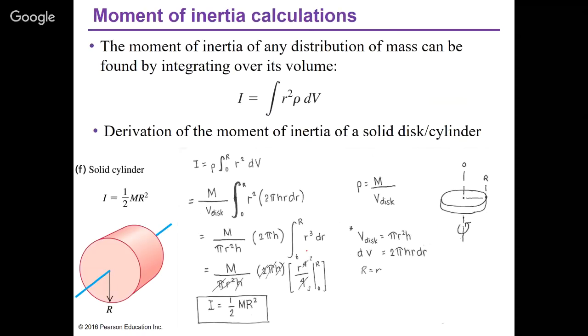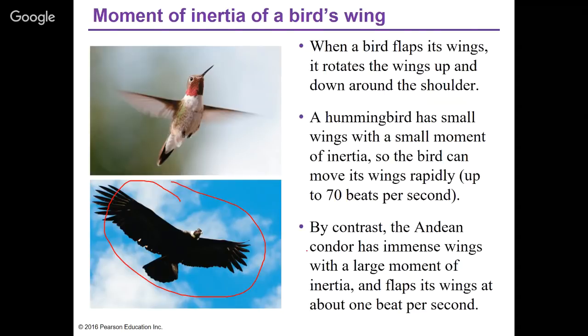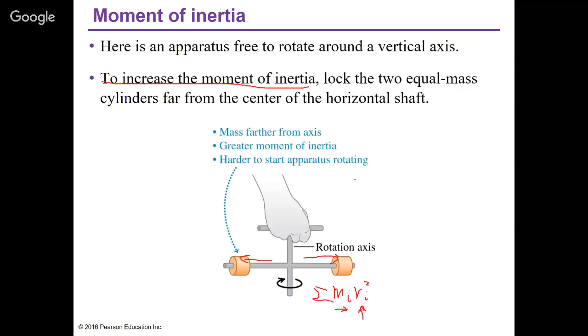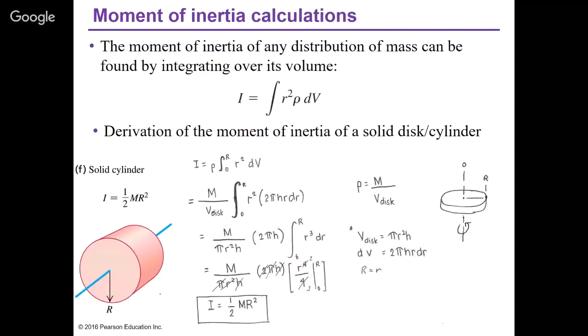Now, how do we calculate the moment of inertia for an object of a given shape? Previously, the equation we showed was for a series of point particles, which we can sum up discretely. Whereas if we have, say, a disk or a cylinder, how do we calculate the moment of inertia?